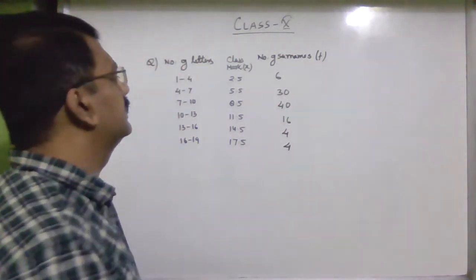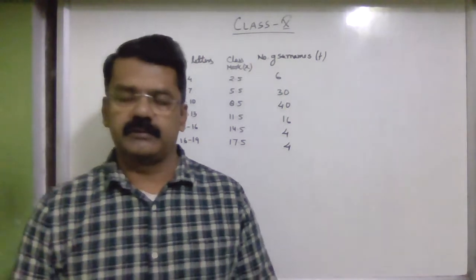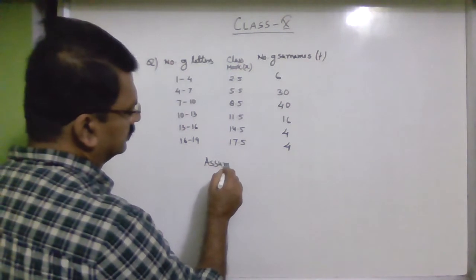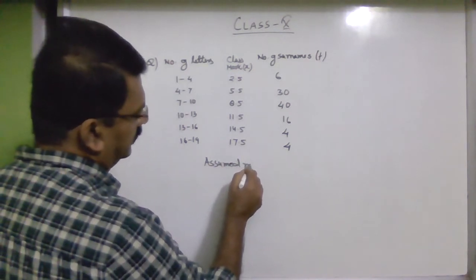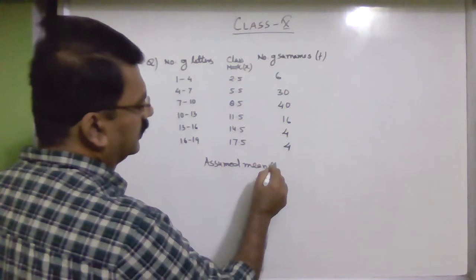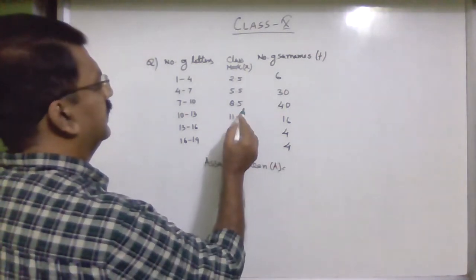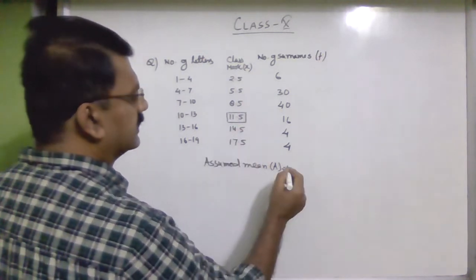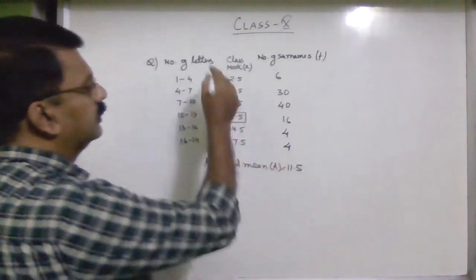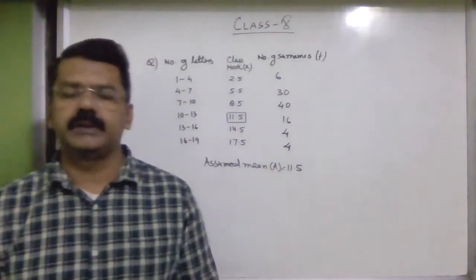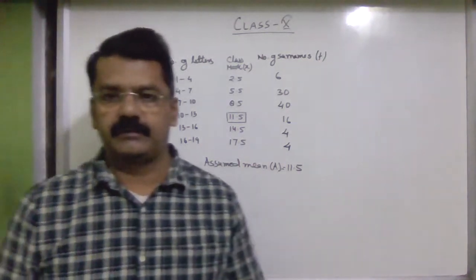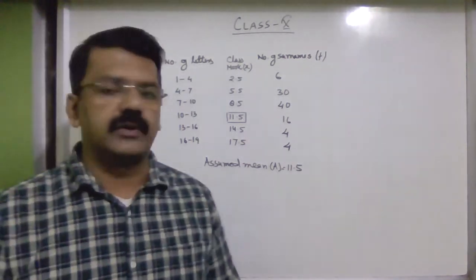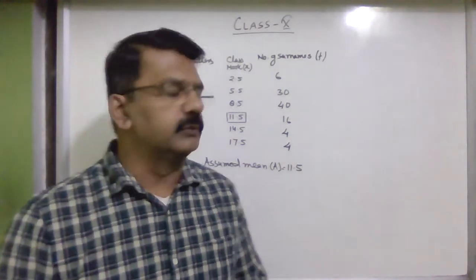So here we take 11.5 as the assumed mean. You can take any number as assumed mean. Usually we take a number at the middle of the distribution. So here I have taken 11.5 as the assumed mean.